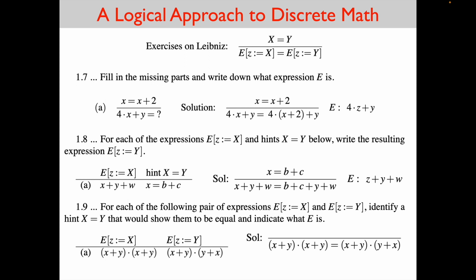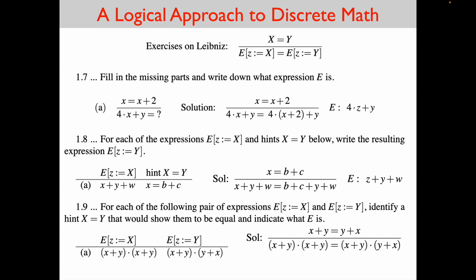Well, the left hand x plus y is the same in both expressions, but the right hand term has an x plus y on the left of the equals, but a y plus x on the right hand side of the equals. So can you see what has to be equal in order for this to be a valid Leibniz inference rule? It's x plus y equals y plus x.